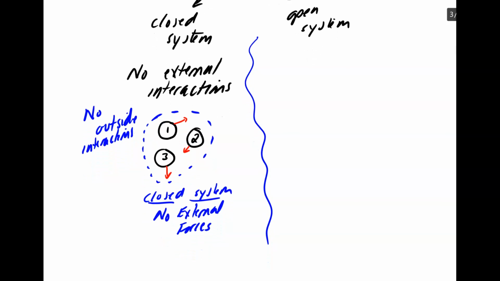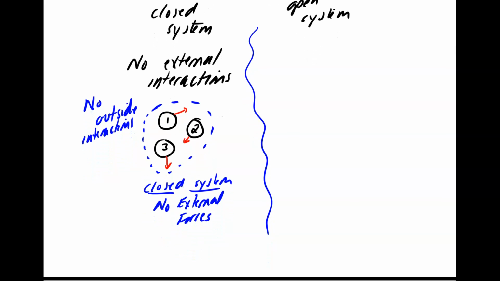Now let's think about an open system. A great example of an open system is the example of the father-daughter roller skaters. There's the daughter, and there's the father.